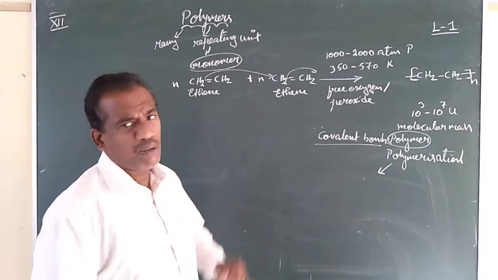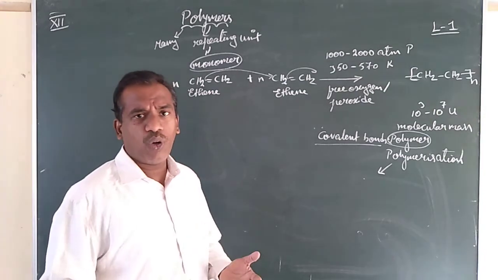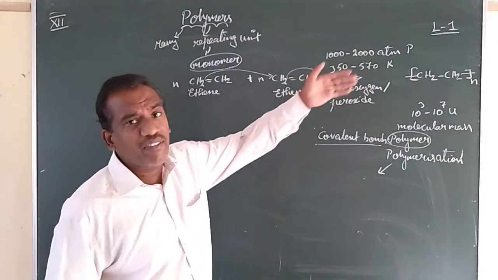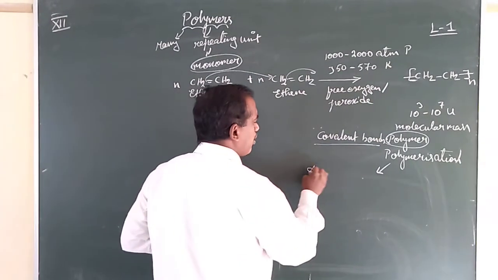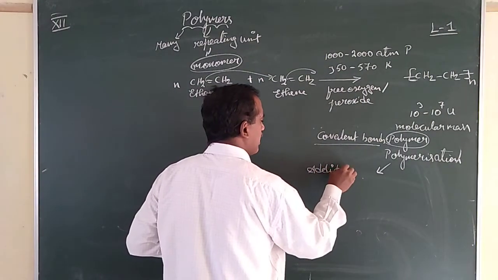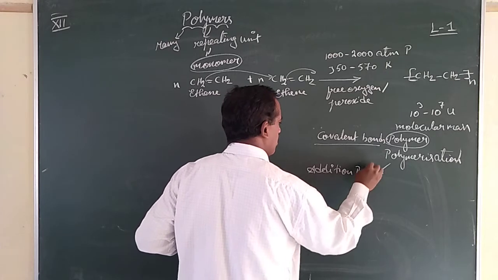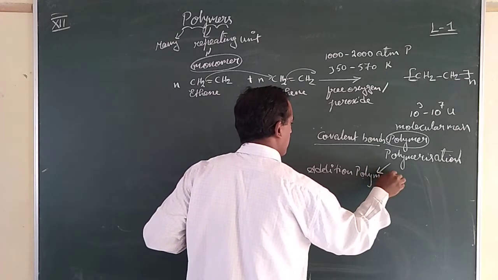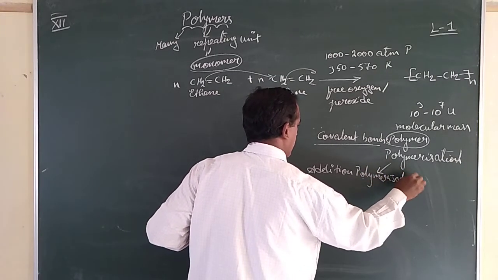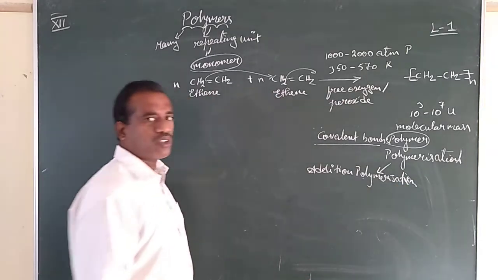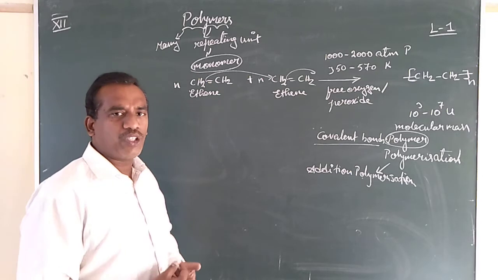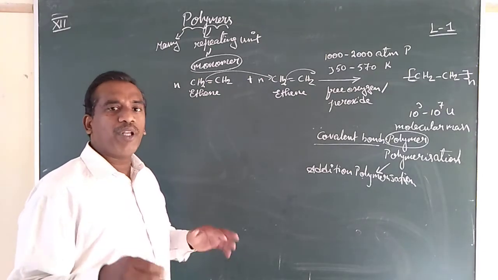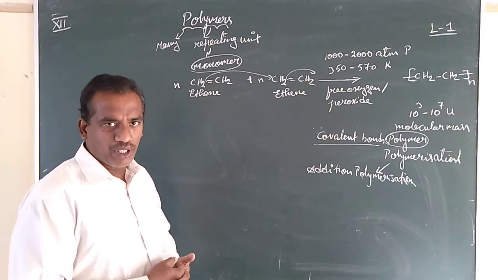When same or different monomers combine with each other, such polymerization is called addition polymerization. But during some polymerization processes, some neutral atoms will be removed.